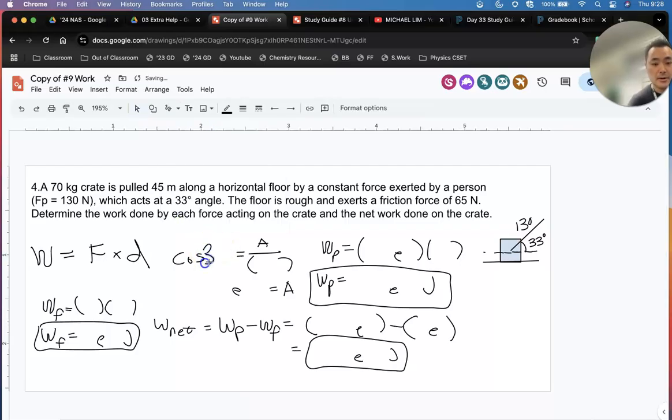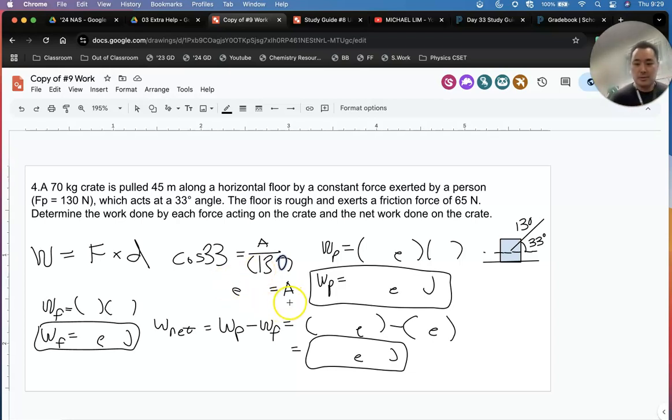And then we have to put the hypotenuse into this equation. What's the force being pulled on the box? 130. So now all we got to do is solve for the adjacent of the box. This force down here is A. And then that'll give us the force that we put into our work equation.